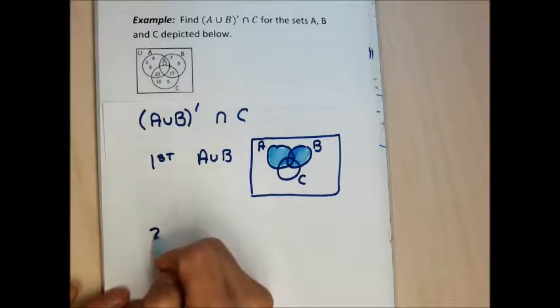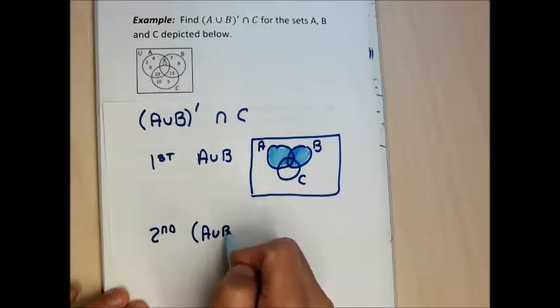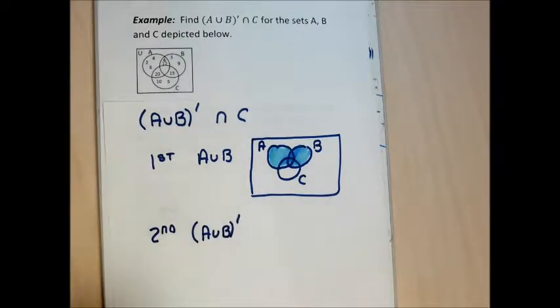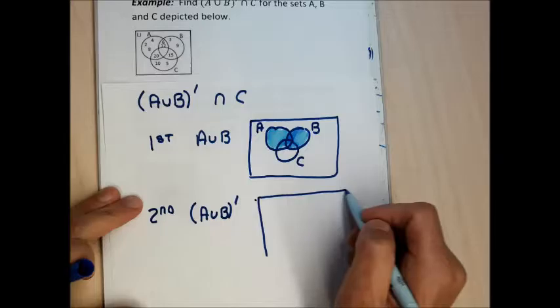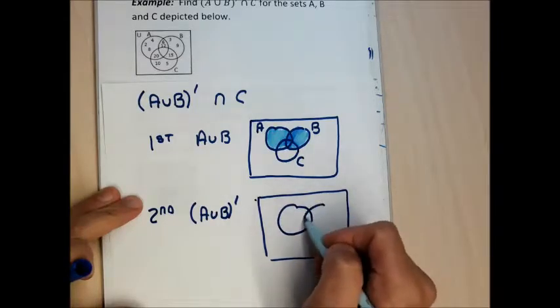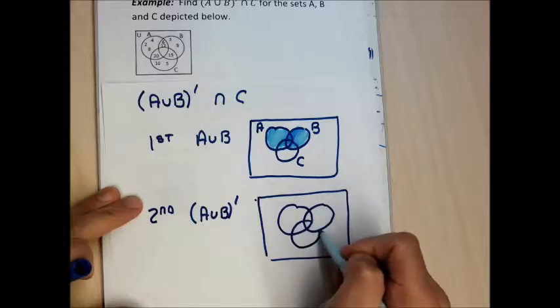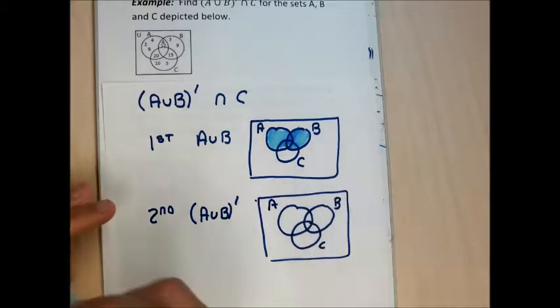So the second thing I'm going to do is figure out what A union B complement is. And A union B complement is pretty easy to draw because it's going to be anything that isn't shaded when I graphed A union B. So again, this is a reasonable representation of the diagram that's given.